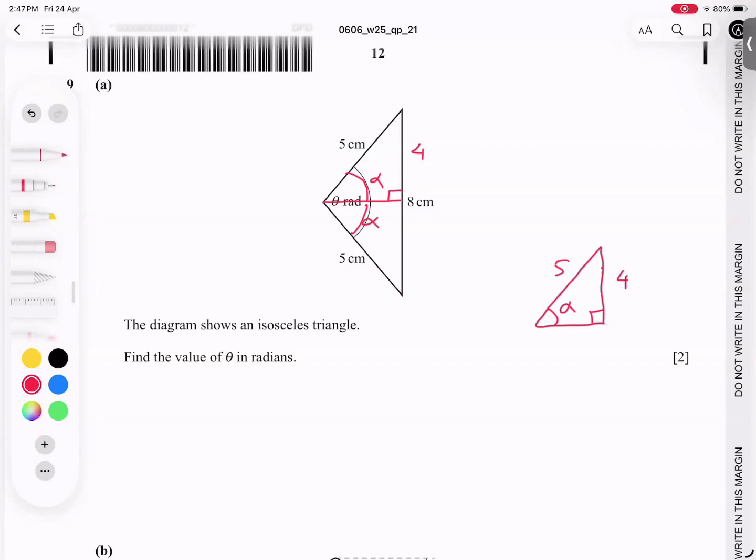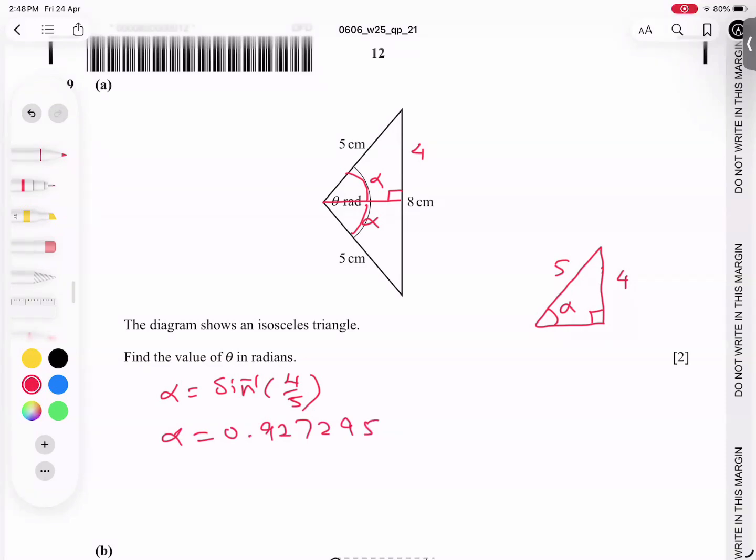Make sure you are in radian mode, and alpha is opposite over hypotenuse, sine. So alpha is sine inverse of 4 upon 5, and I get alpha as 0.927295.